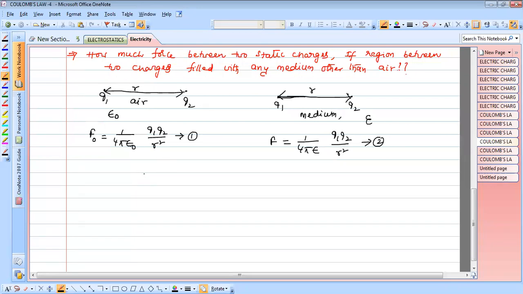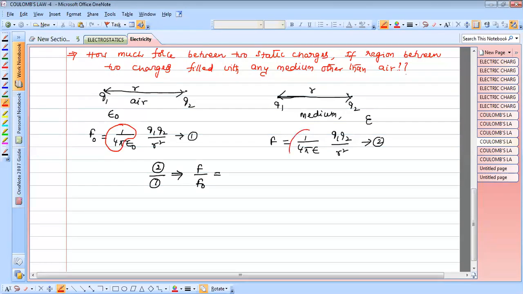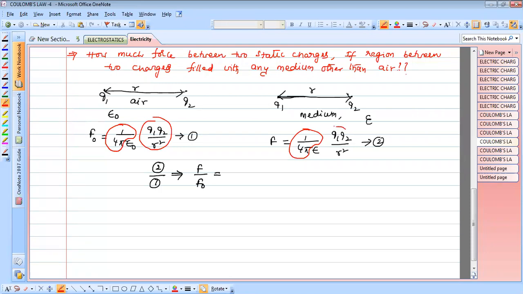Now I move to equation 2 by 1. This is F by F naught. Look here: 1 by 4 pi is common in both cases, and Q1 Q2 by R square is also the same. Now the force is inversely proportional to epsilon.